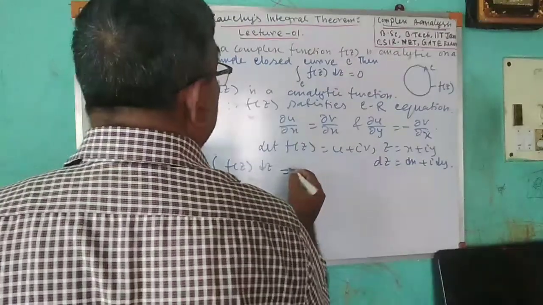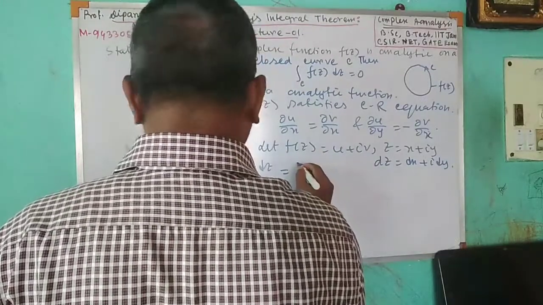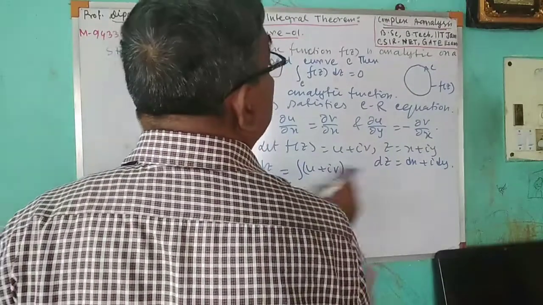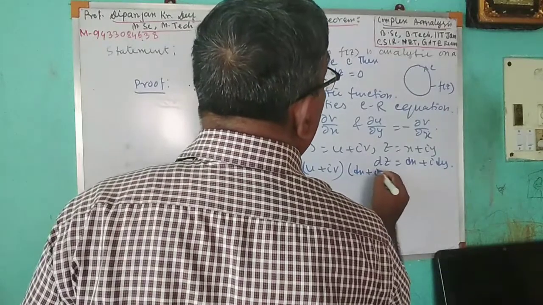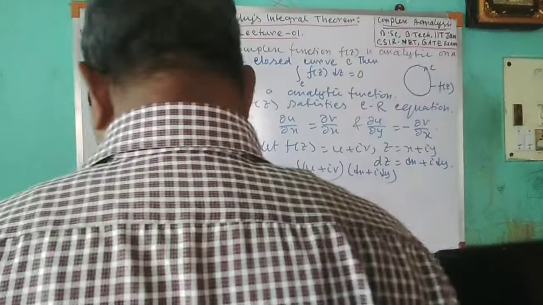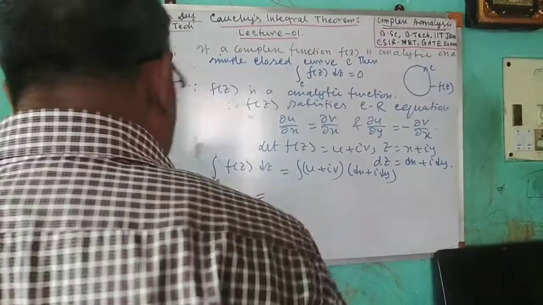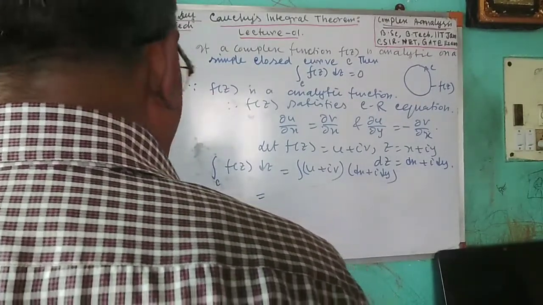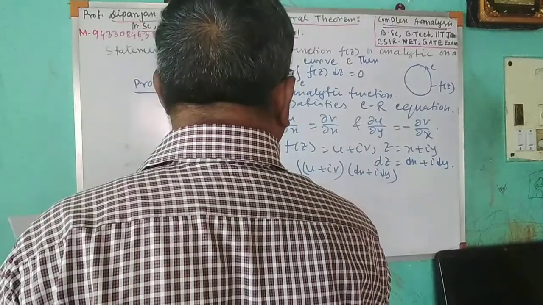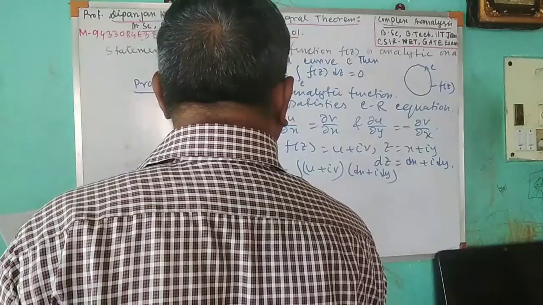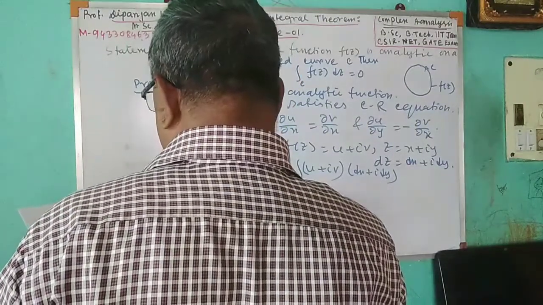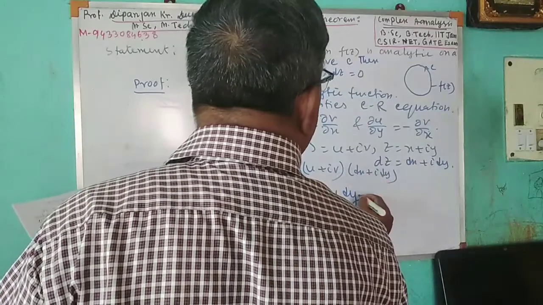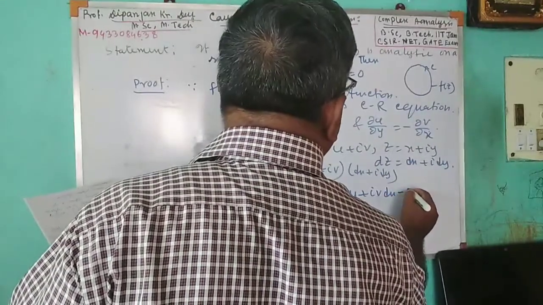This can be written as the integral of (u plus iv) times (dx plus i dy). Opening the bracket, over the closed curve C, we get u dx plus i u dy plus i v dx minus v dy.